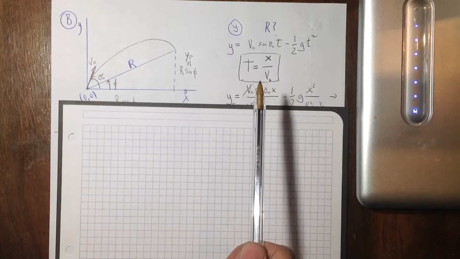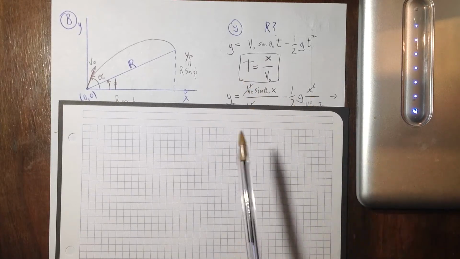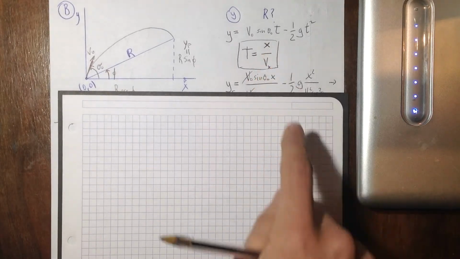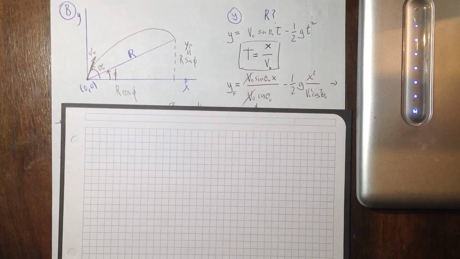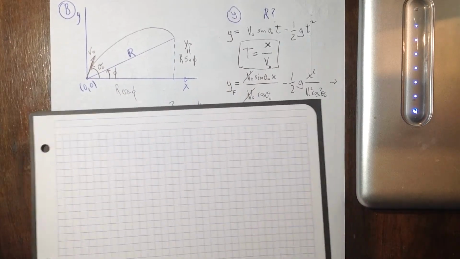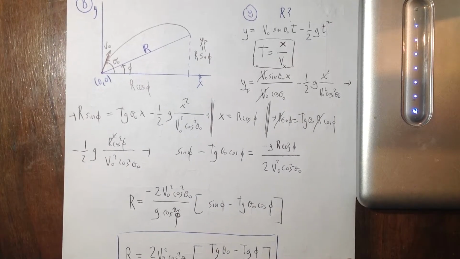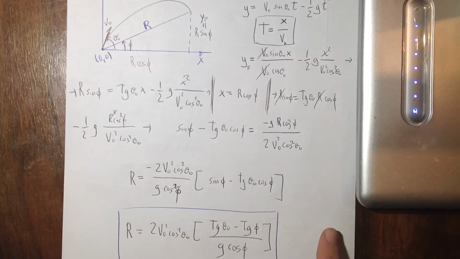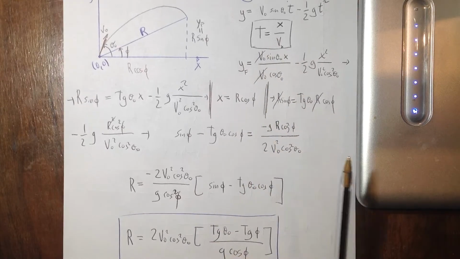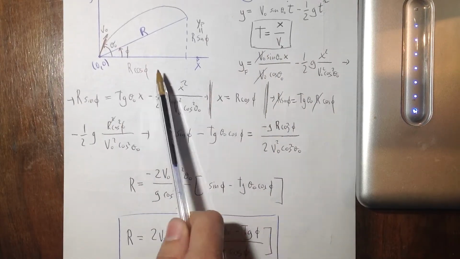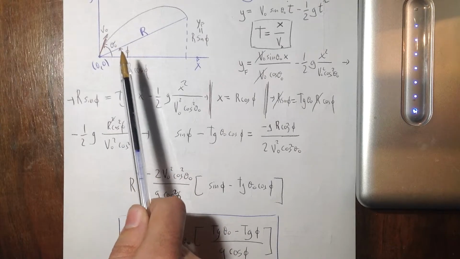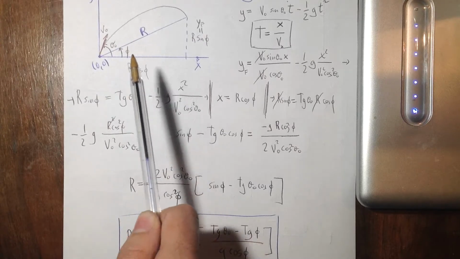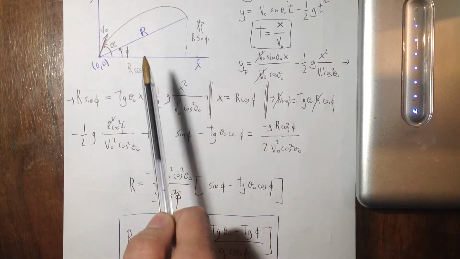But we can define the time by the definition we all know: velocity is equal to space per time, and the velocity in x is defined by v times the cosine of the initial theta. Now we do some algebra again. We plug in t, and if we focus on the phi angle, we can easily solve for y final.